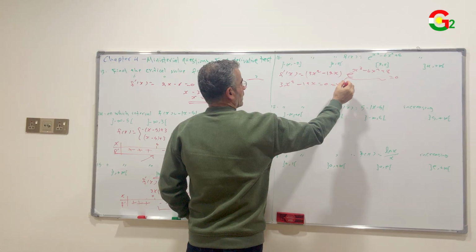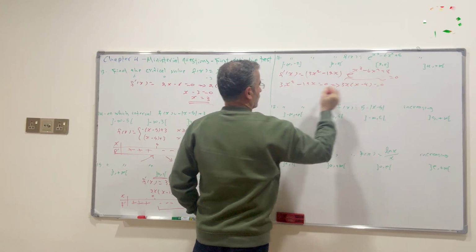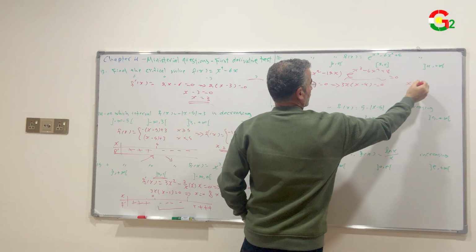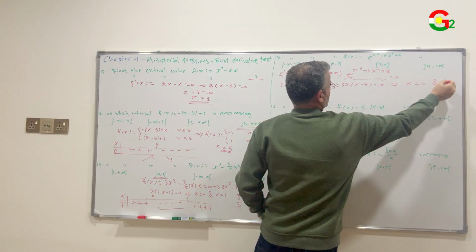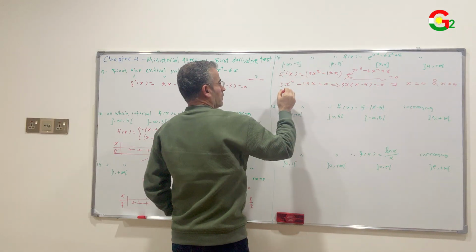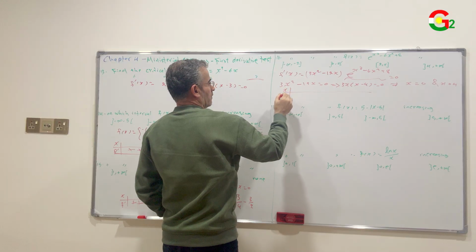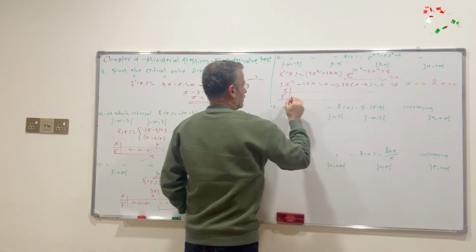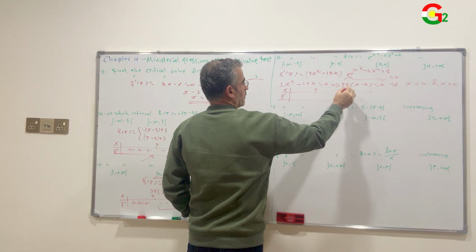Factorize by 3x: x minus 4 equals 0. Either x equals 0 or x equals 4. Find the intervals of increasing and decreasing by finding the sign of the derivative. This is 0 and this is 4.